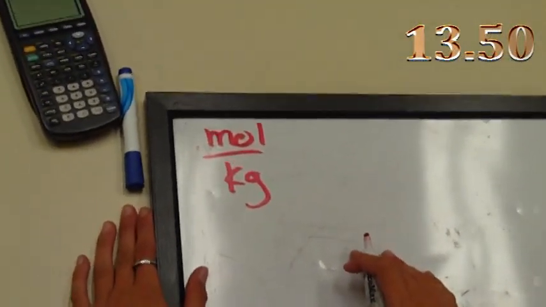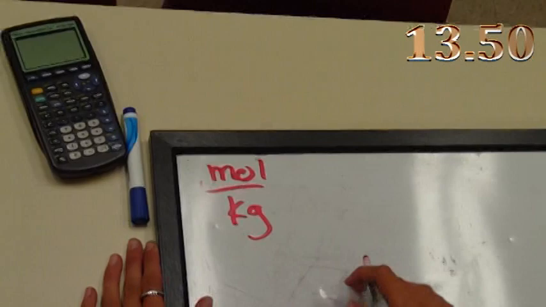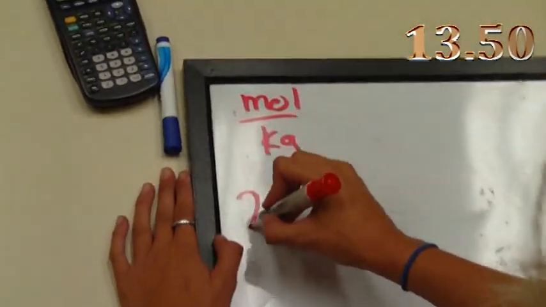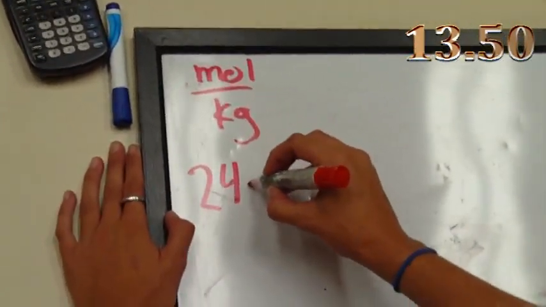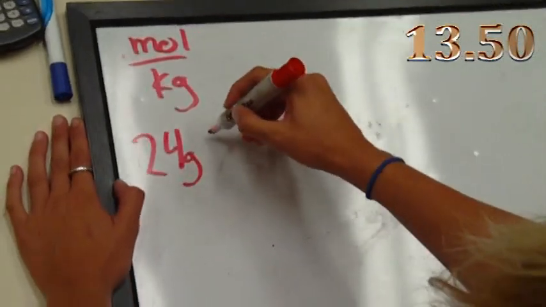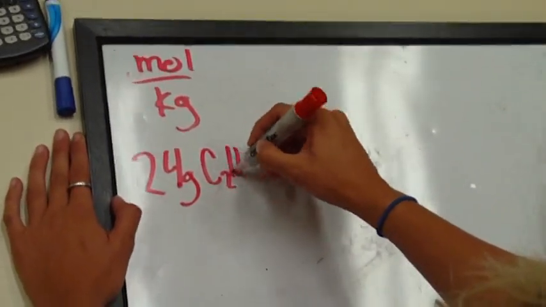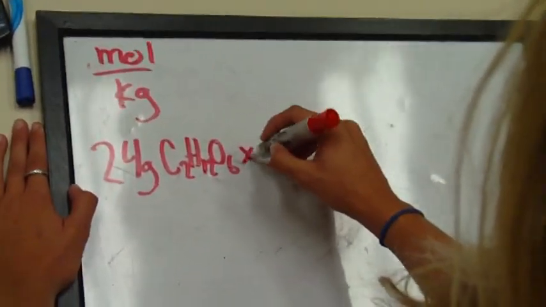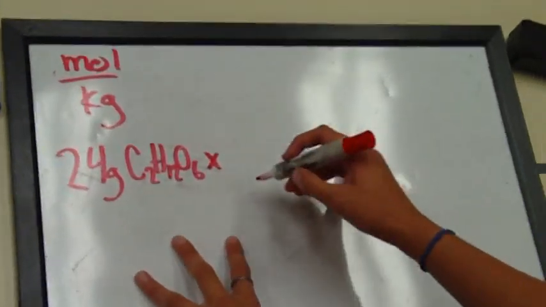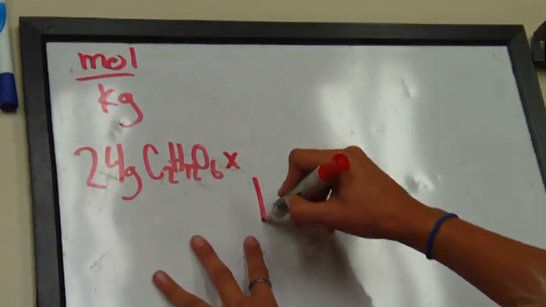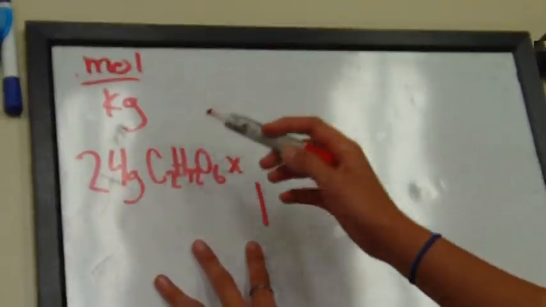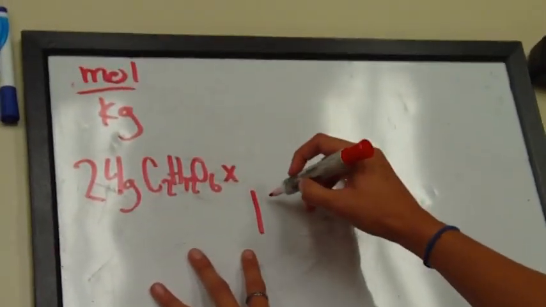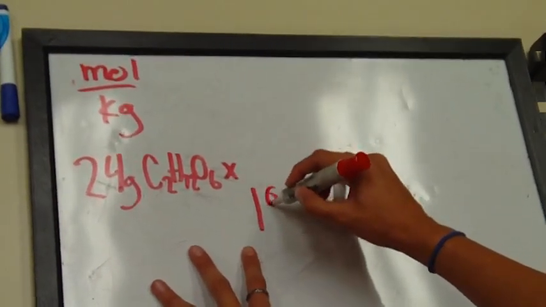We're going to use some dimensional analysis and take 24 grams of glucose and use the molar mass of glucose, found by adding up the atomic mass of all of its separate atoms using the periodic table.